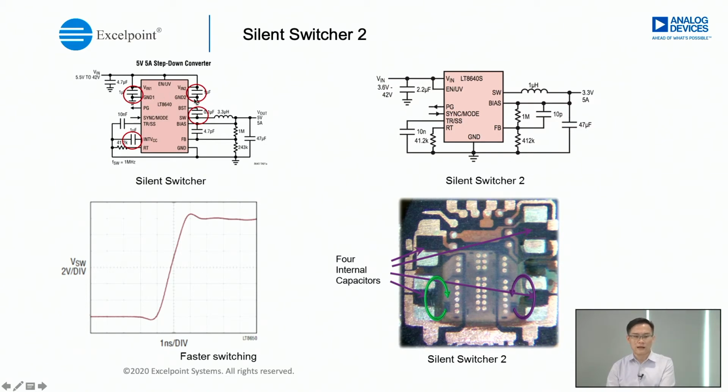They must be in line. But for Silent Switcher 2 topology, these capacitors are integrated into the IC itself. So your PCB design becomes much simpler, and the loop becomes smaller, and this allows you to have faster switching and better load transient performance.